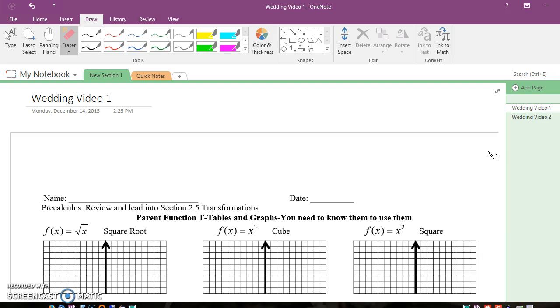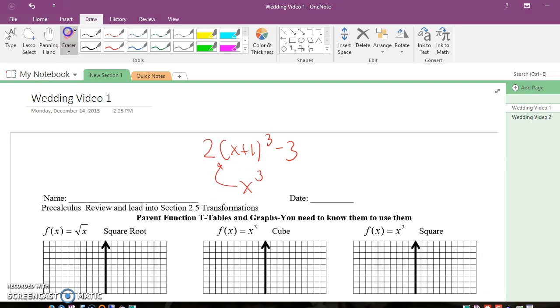And the idea is that I can give you a function like 2x plus 1 cubed minus 3, and you'll be able to graph it without a calculator through starting with the parent function, which in this case is x to the third, and then transforming it to get to this.